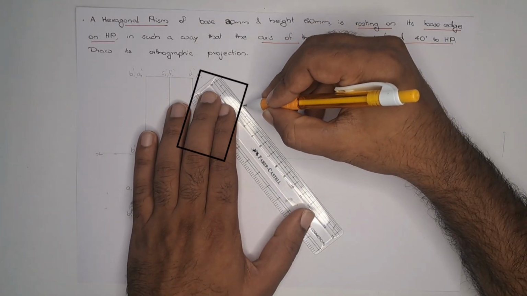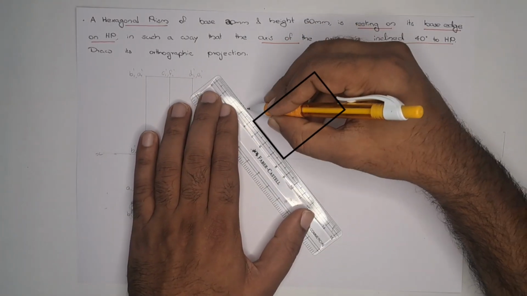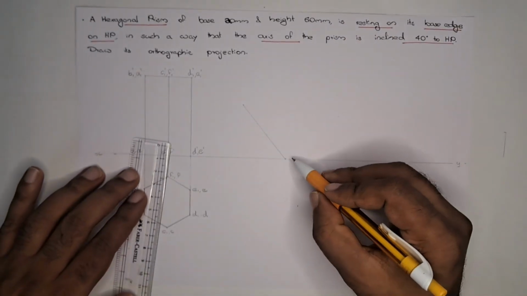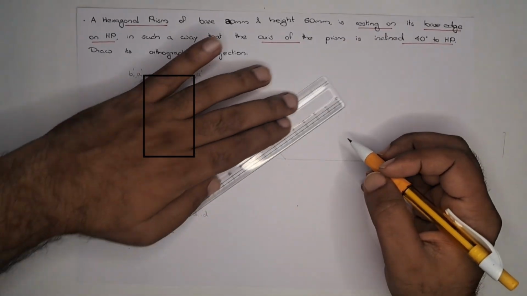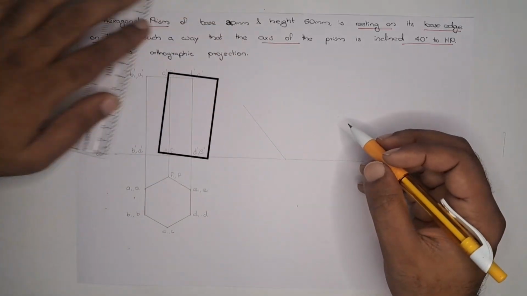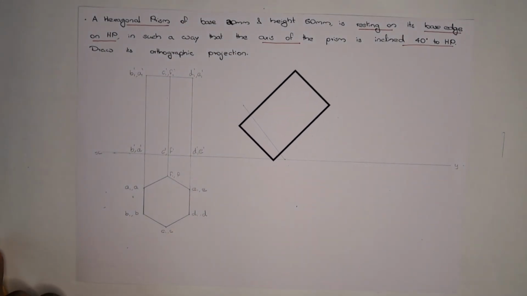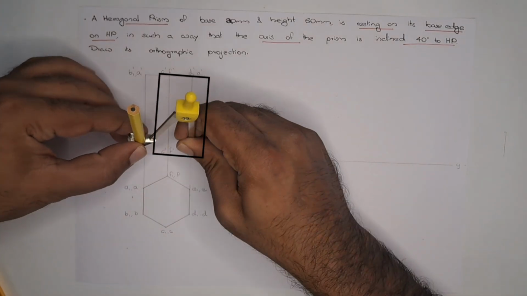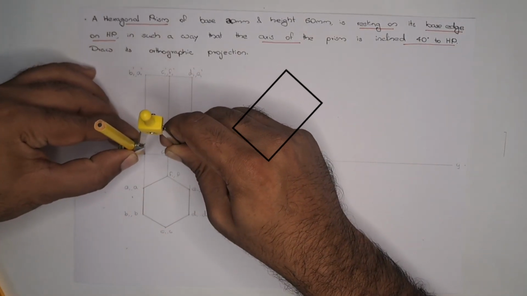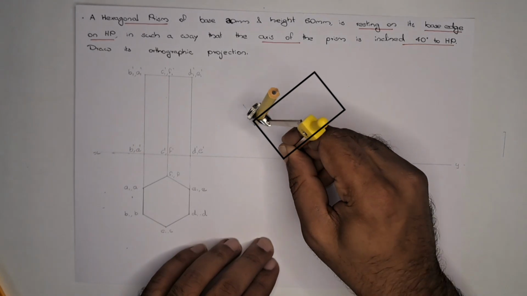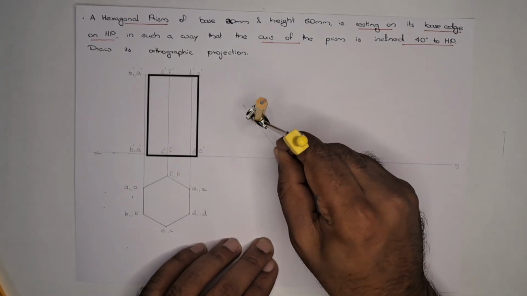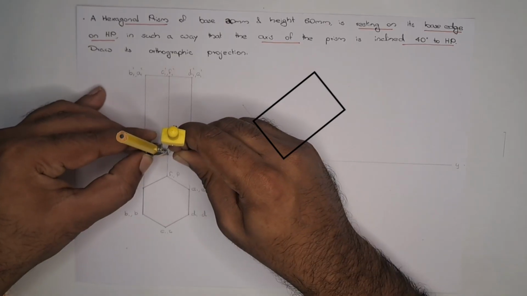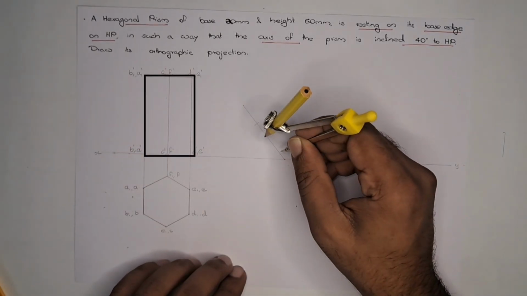Now we mark a certain distance over here, and this is the 40 degree angle. So we can mark it here, or we can use the help of the measurement over here. So here we mark DA, then DC over here.